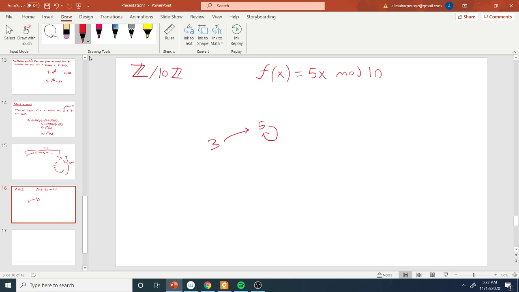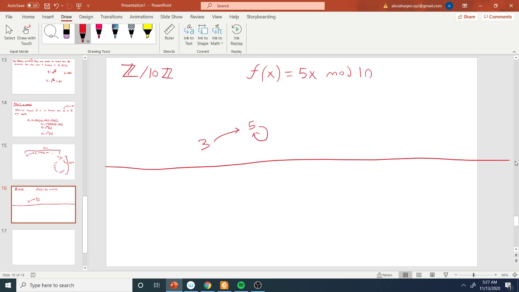Maybe this one will be better. Let's try Z mod 18. In this case, I'm going to do f of x equals 3 times x mod 18.